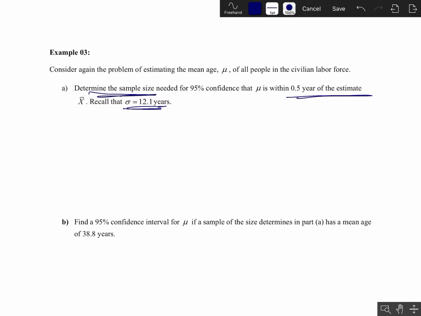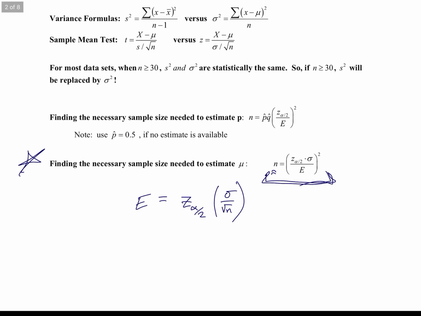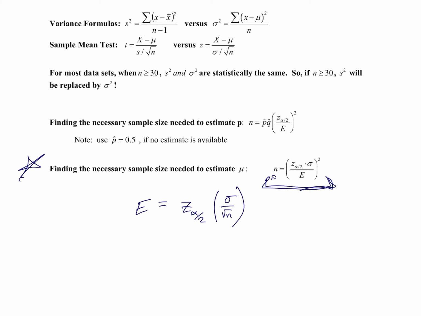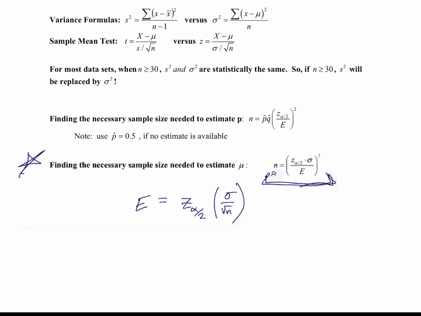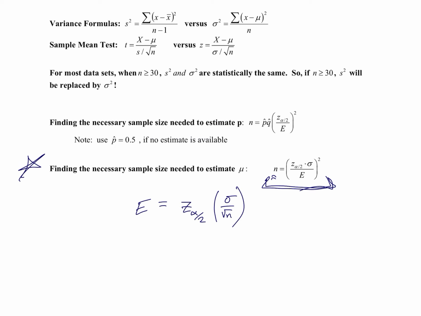So for this, what we're going to use is the second formula that I talked about at the beginning here. That's this one. It says finding the necessary sample size needed to estimate mu. Now remember, this formula that we got up at the top right here is just a rearrangement of the formula that we derived at the very beginning of this video series in terms of the error.